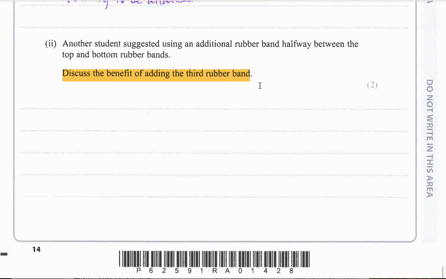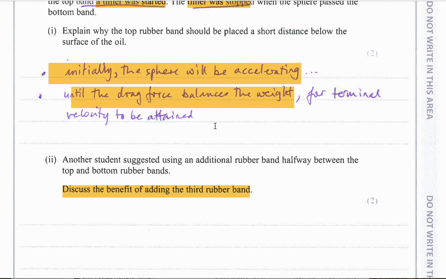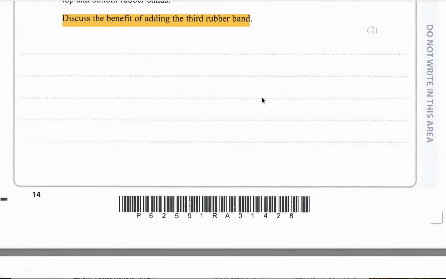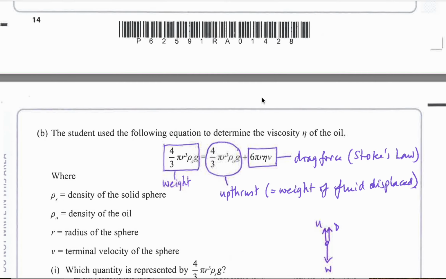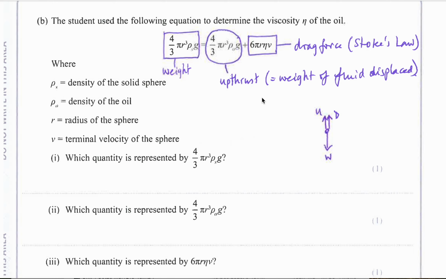So the point you need to make is if you put a third band exactly halfway, for example, you could see if there's been a change of velocity. It will allow you to check where the terminal velocity has been reached. Okay? But we'll need to double check what they're expecting for the 2 marks there and how you differentiate it. I haven't got the time to look at it now because of the duration of this video, but I will be going through it and I will make a note in the comments if necessary.